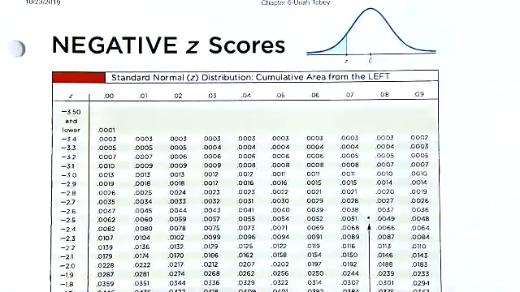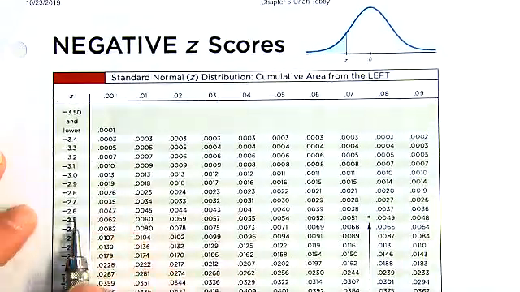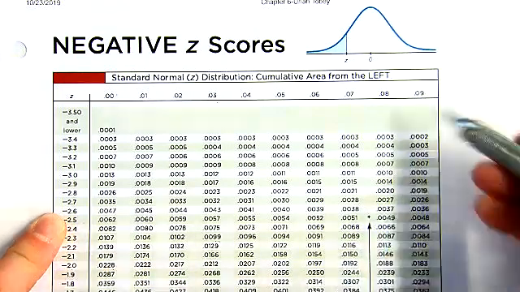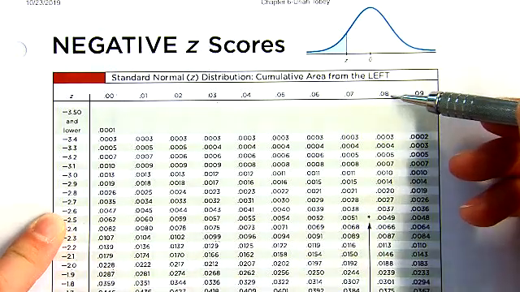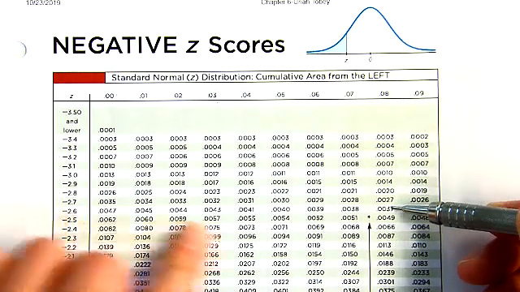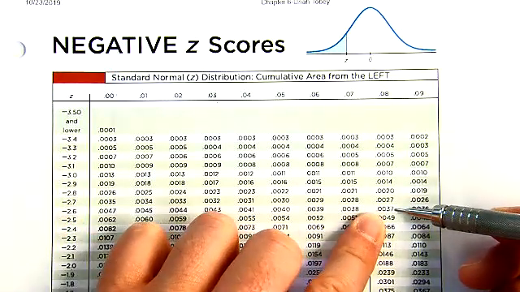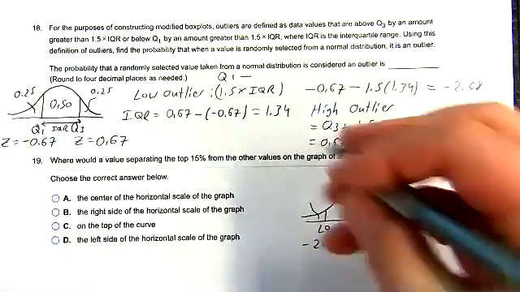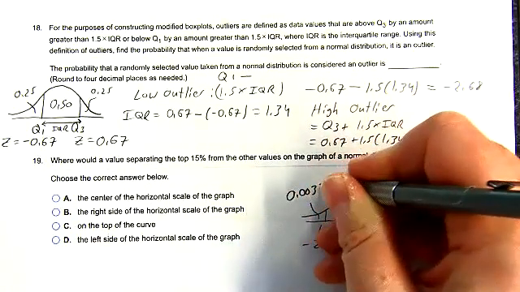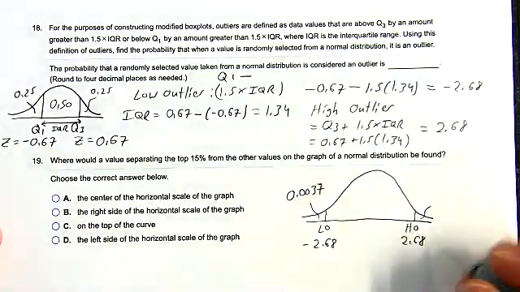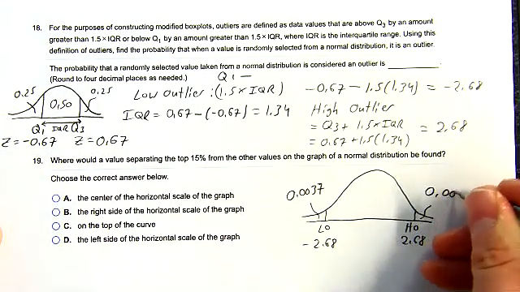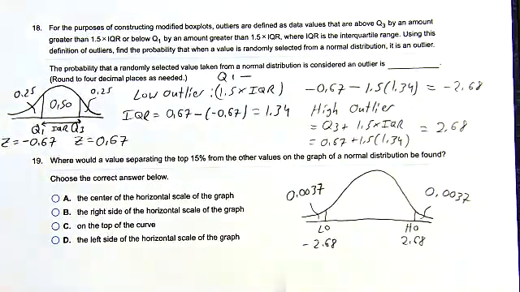So we go to the negative z-score. Minus 2.6 is right here. 8 is right here. Where those two intersect would be right there, 0.0037. So this area is 0.0037. By symmetry again, I'm not even going to look this one up. I know this is also 0.0037 because they have the same z-score.